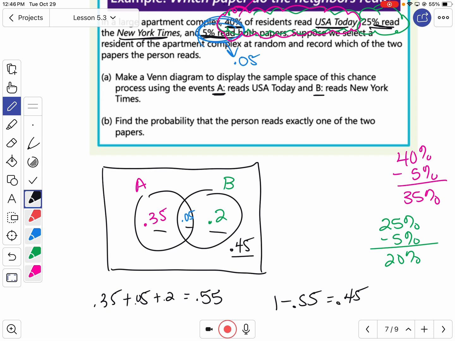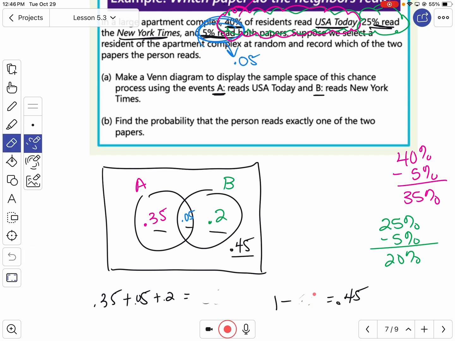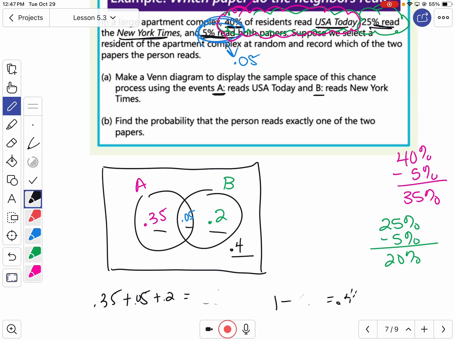Oh, it's 0.6, isn't it? Yep. Math. Thanks. That's what I get when I use my brain, y'all. Got to be careful. And then 1 minus 0.6 gives me 0.4. Yes, you're correct. Thank you very much. Okay. So we have to get that final blank doing that subtraction. All right, from 1. That's that complement rule from yesterday.